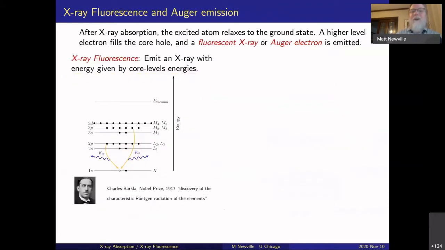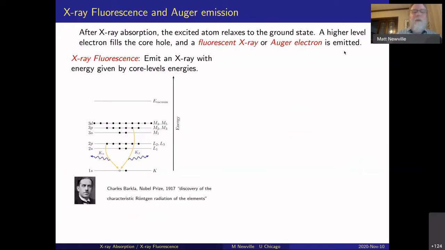I always like to say that there are actually two related phenomena to X-ray absorption that we need to think about when we're doing practical measurements, not so much for the theoretical aspects, but for any actual experimental work. You need to think about X-ray fluorescence.